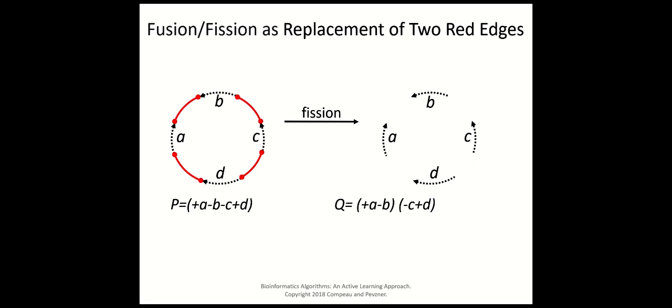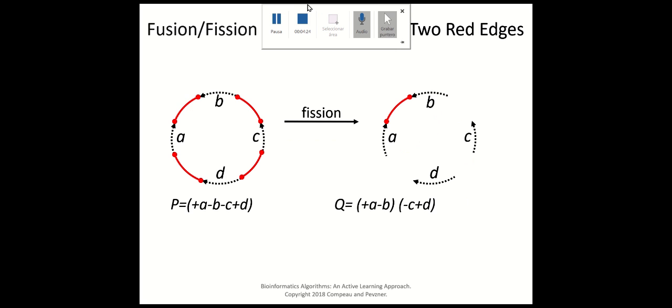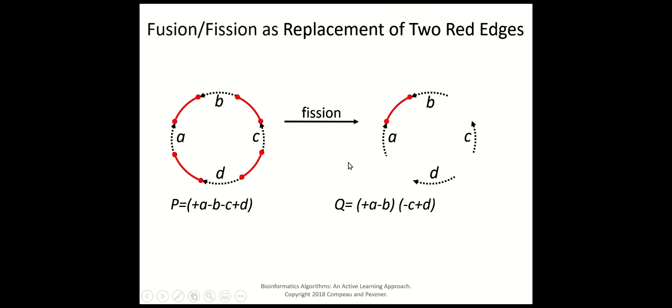Now we are going to speak about fusion and fission. A fission is a division of a graph in two. I divide the cycle ABCD in two independent cycles, AB, the first one, and CD, the second one.